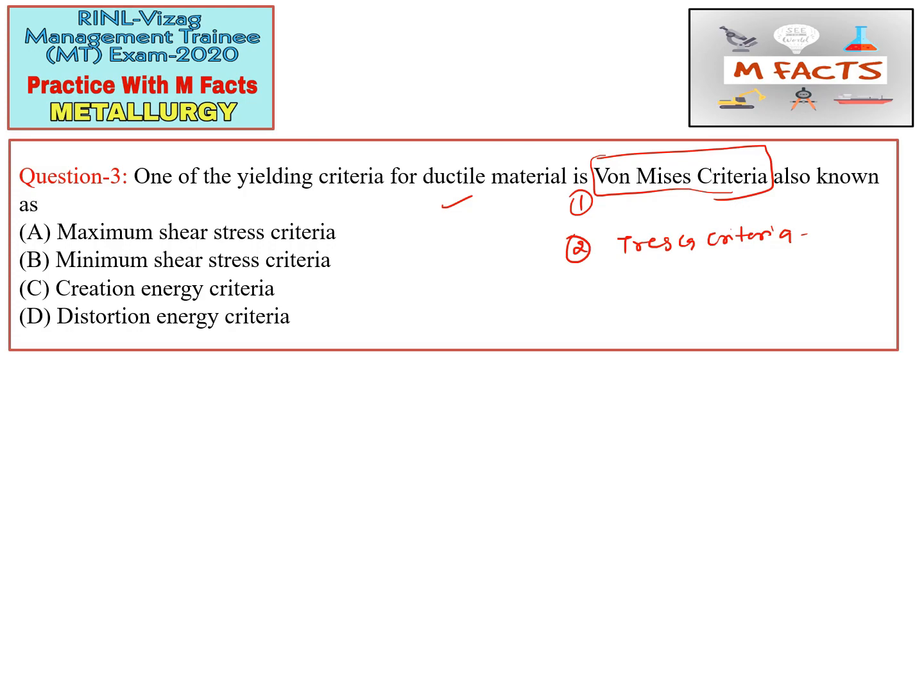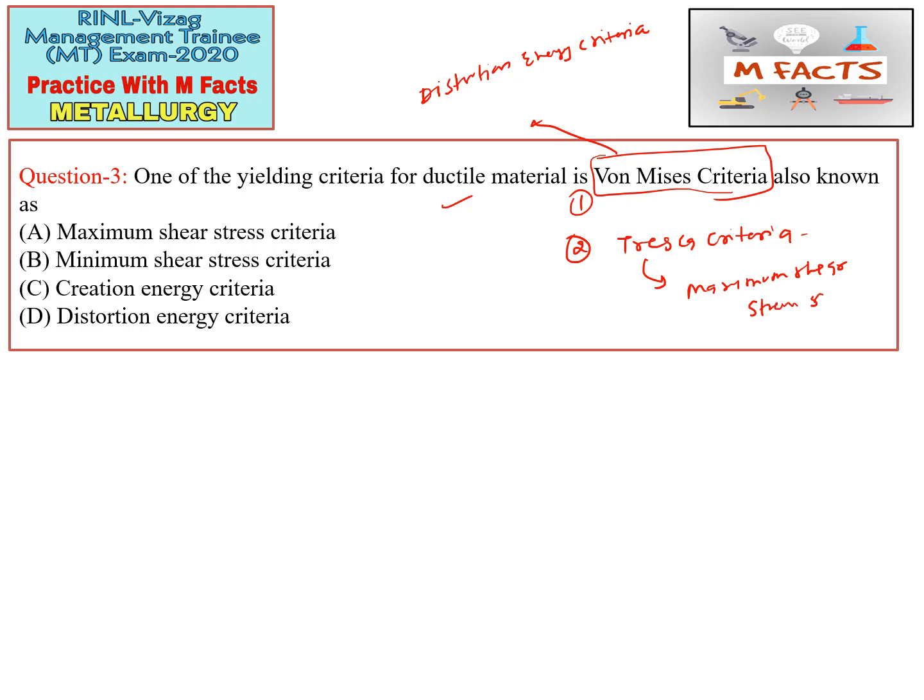The von Mises criterion is also known as the distortion energy criterion, and the Tresca criterion is known as the maximum shear stress criterion.